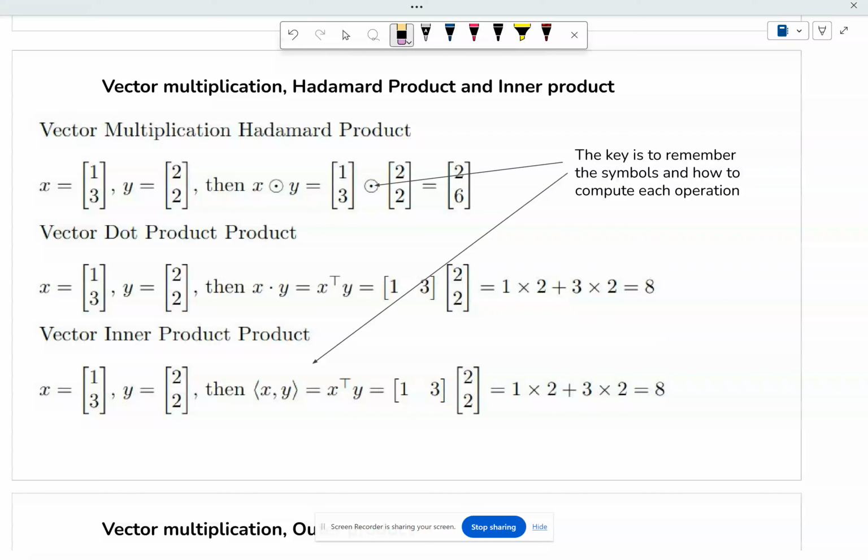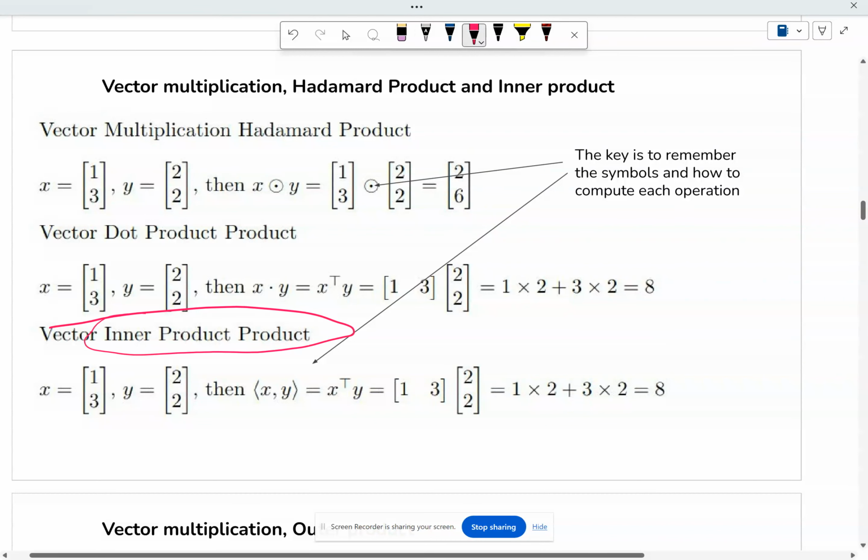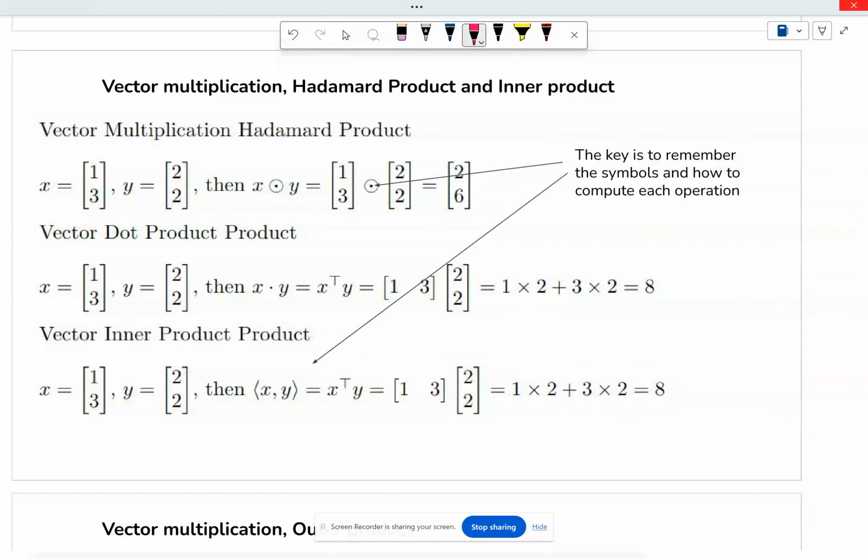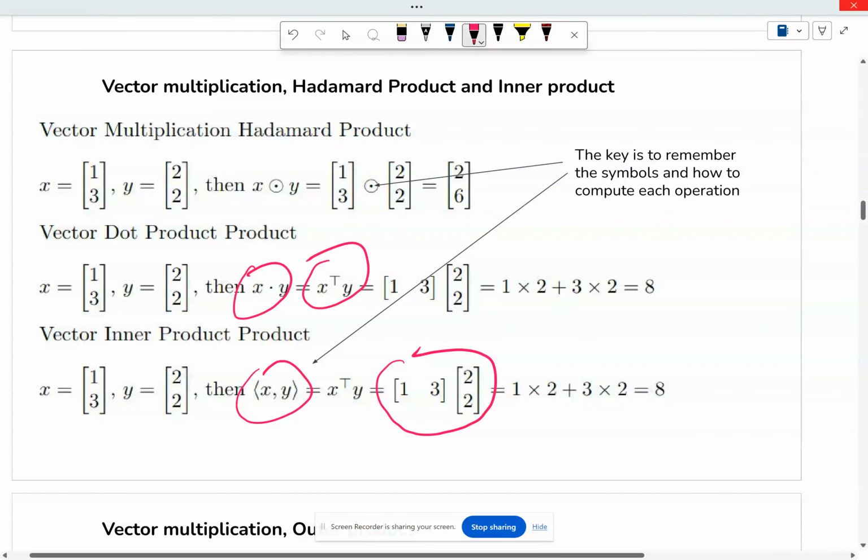Now, another thing is called the inner product. We learned the dot product. The inner product is notationally written with two brackets like this. For our purposes, you can treat it as identically the same as the dot product. So when you see this notation or this notation, they're all the same, and all three of them are used quite regularly.